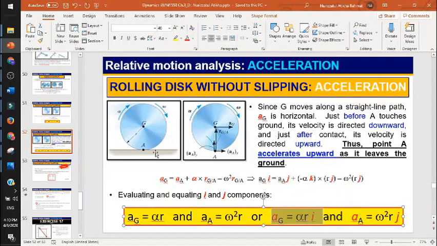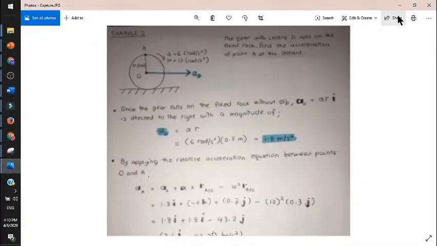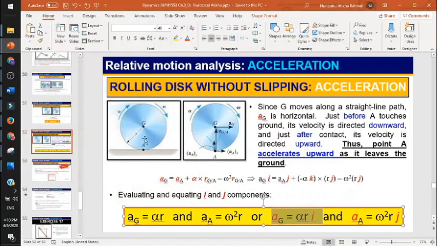Okay, we have a gear here and the center point G, but in this case, it is O. So the acceleration at point G is given as this equation: AG equal to alpha R i, because it moves to the right in the i component, no j component.